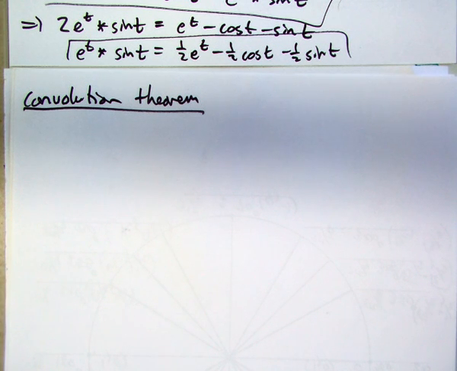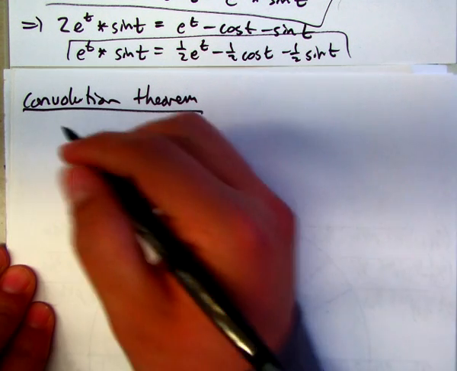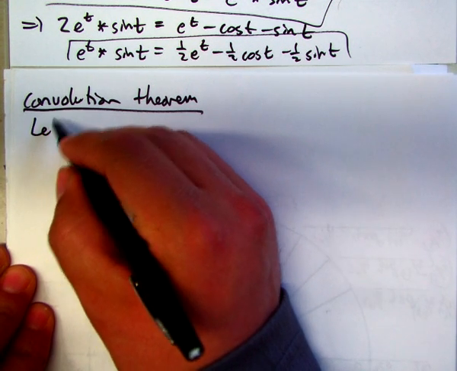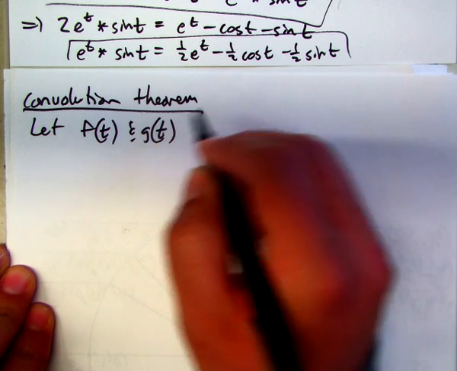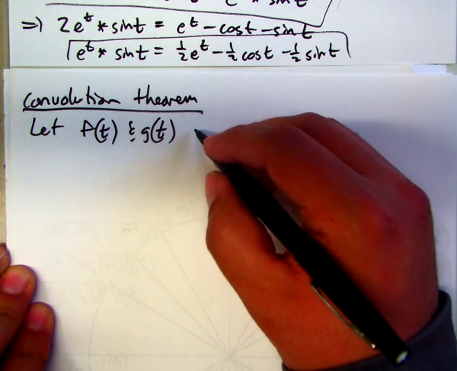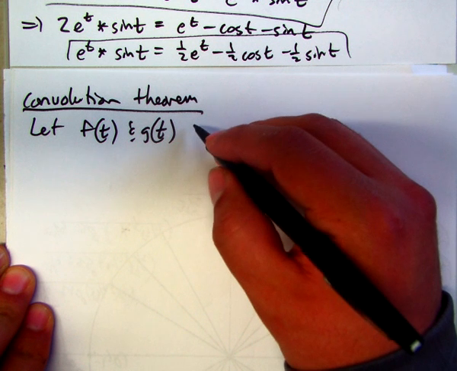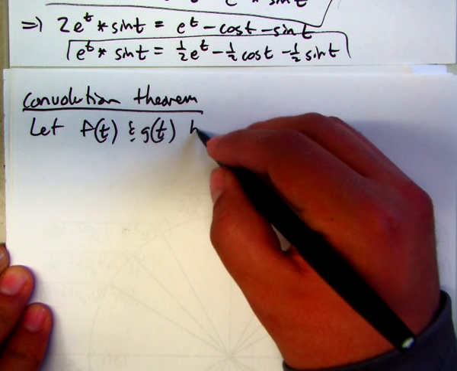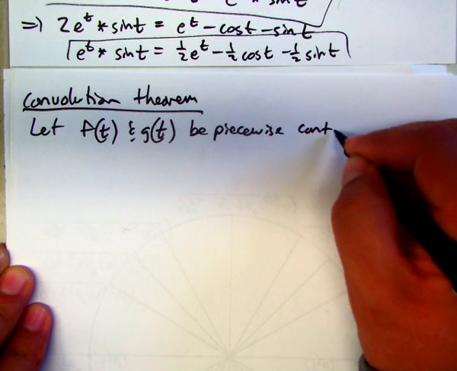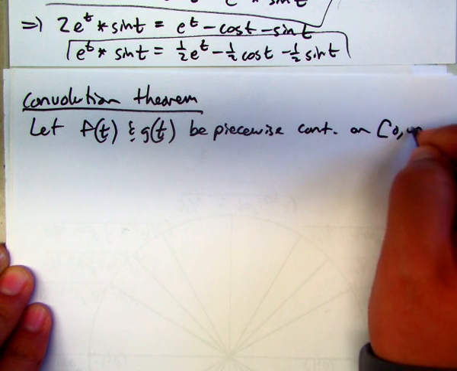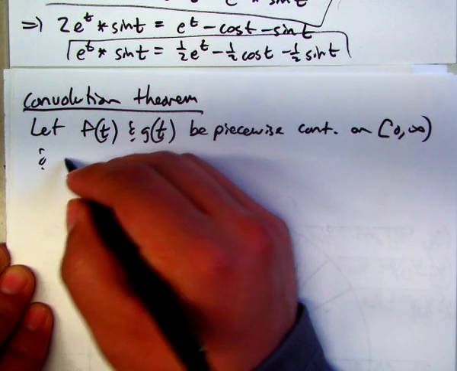Seems kind of like it's coming out of nowhere. Well, here's the benefit of it. Let's say we have f of t and g of t. And of course we have that they're piecewise continuous on 0 to infinity, and of exponential order.